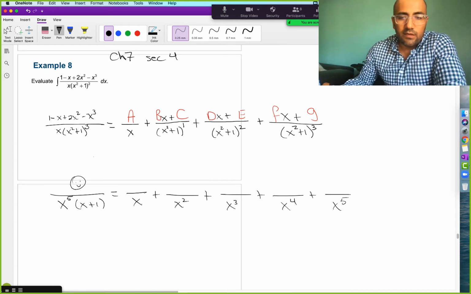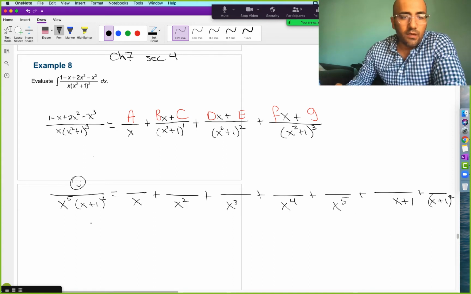Pretty ugly. And then we'd have 1 for x plus 1, and luckily that one only has a power of 1. Unless we also throw in a 2 in there, just to make it extra fun, and then this one would be x plus 1 squared. Good. Luckily, these are all linear, linear, linear. So in this case, these would all be A, B, C, D, E.